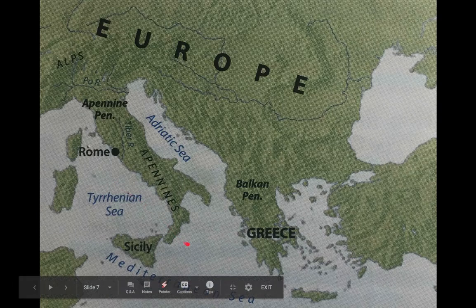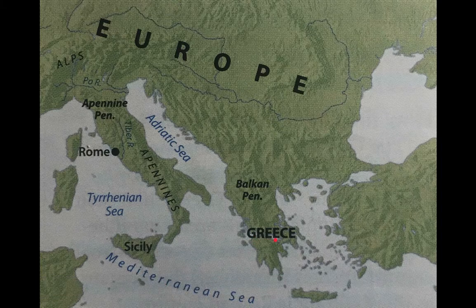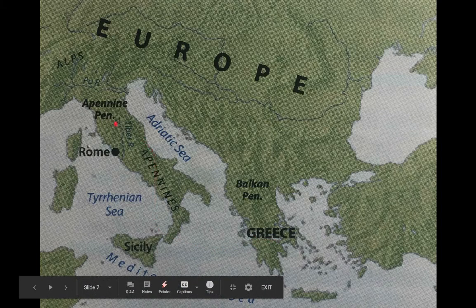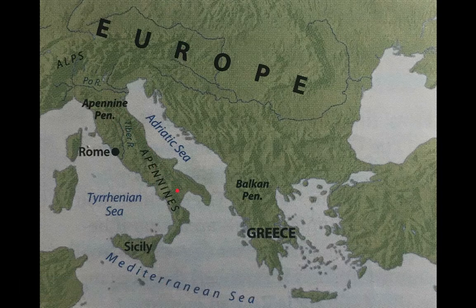Now just remember that right here, the Gulf of Corinth almost completely cut the Balkan Peninsula in half. We don't really have that here on the Apennine Peninsula.